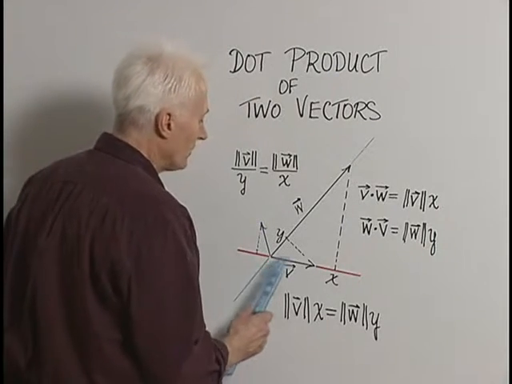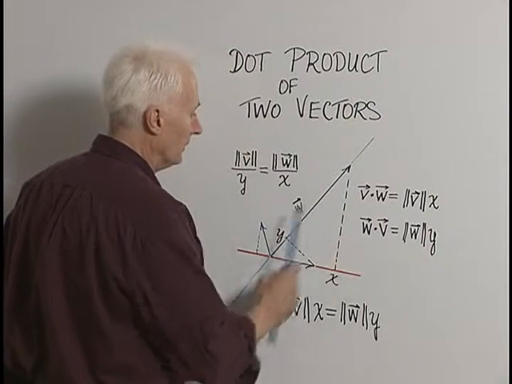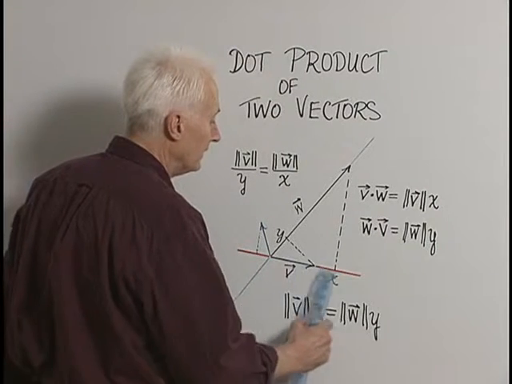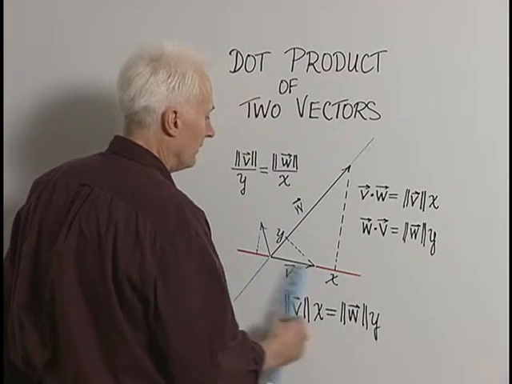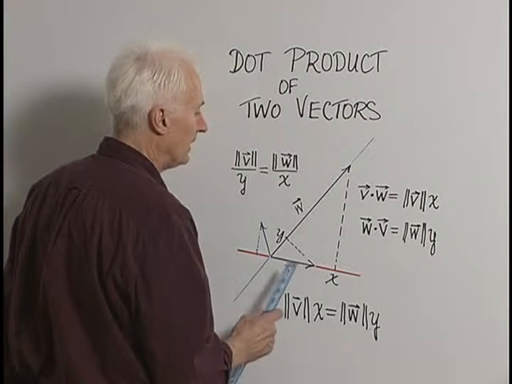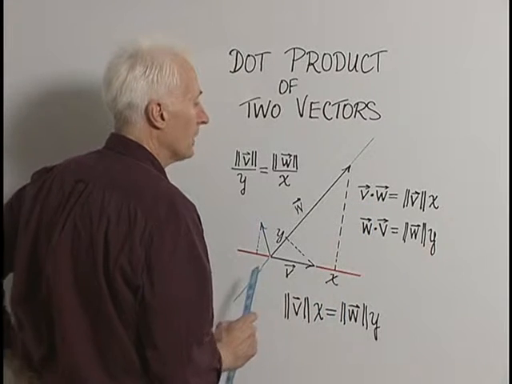Here is a picture of two vectors, v and w. What I've done to begin with is drawn a line through the vector v, and I'm going to use this picture to define the dot product of v with w.